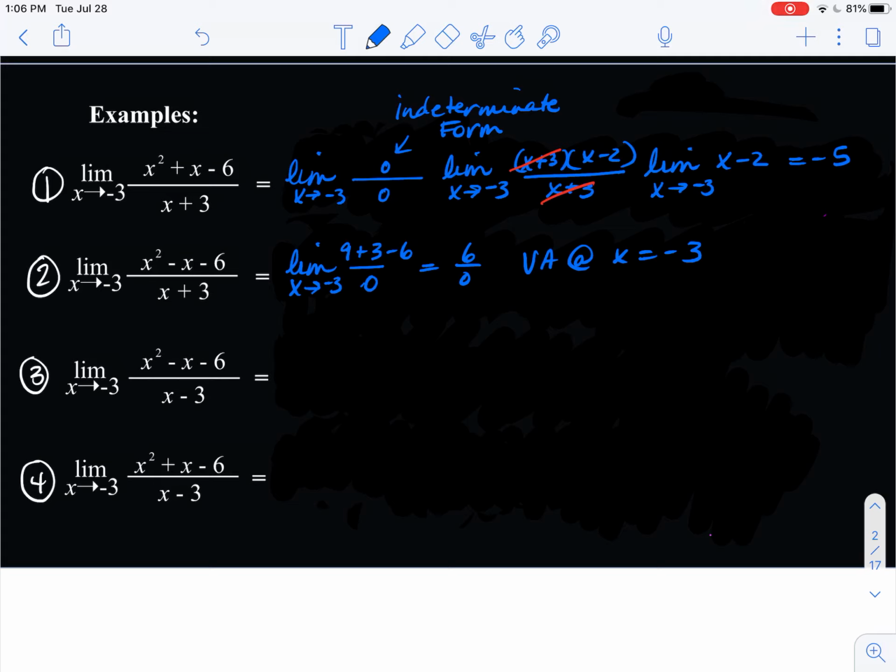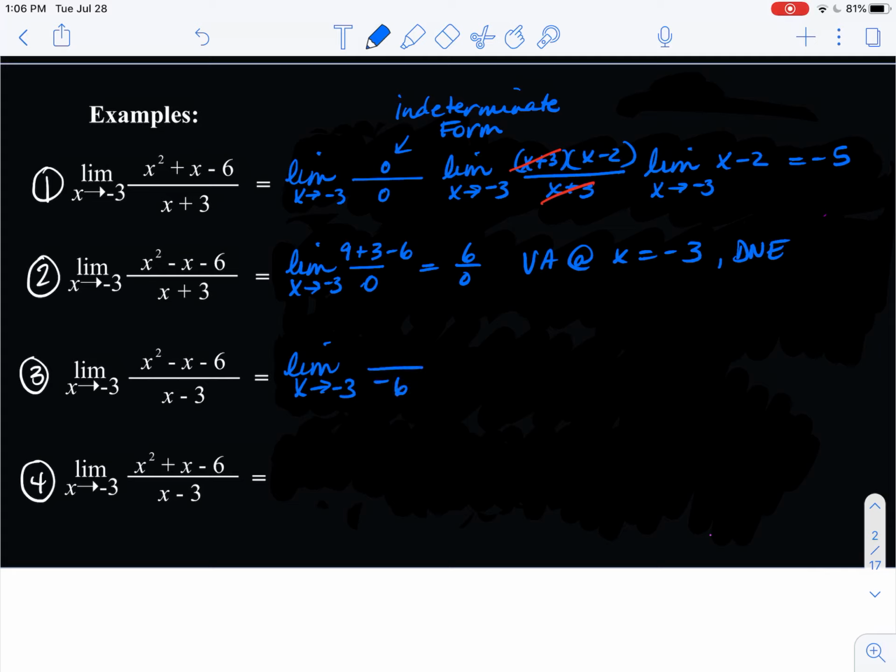So we can say that we have a vertical asymptote at x equals -3. A vertical asymptote is where the ends of the graph are going to be approaching positive or negative infinity, and that's not a defined number. The limit does not exist.